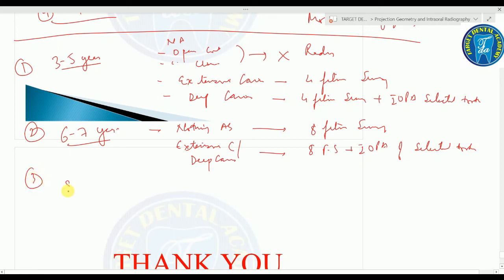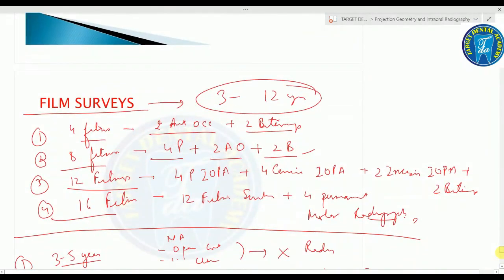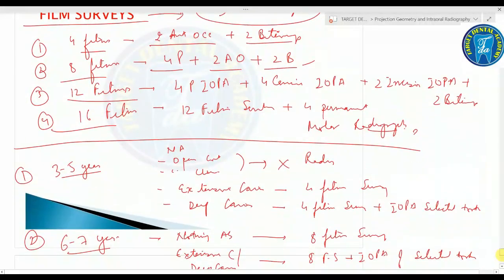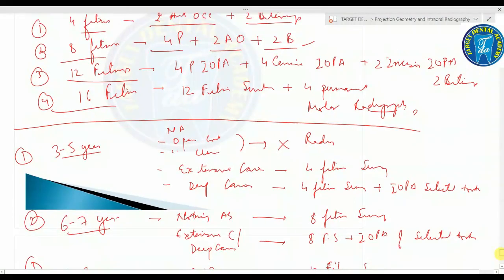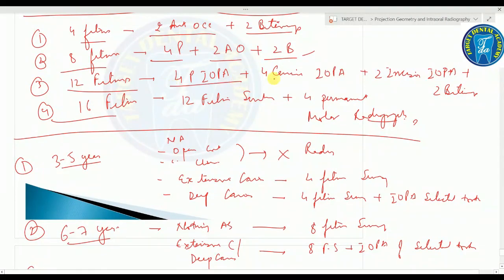At the age of 8 to 9 years, if the child has extensive or deep caries, you prescribe the 12 film survey, which includes 4 posterior IOPA, 4 canine IOPA, 2 incisor IOPAs and 2 bite-wings.